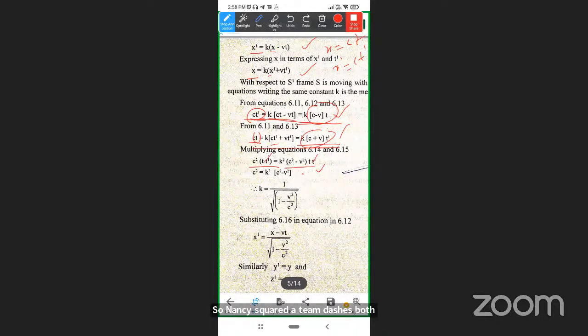So c square is equal to k square into (c square minus v square). So k square is equal to c square by (c square minus v square).